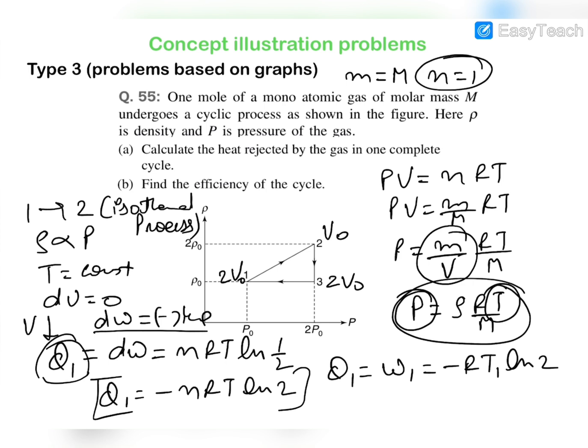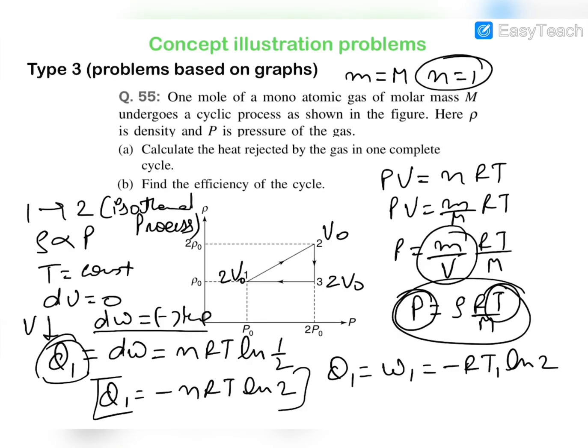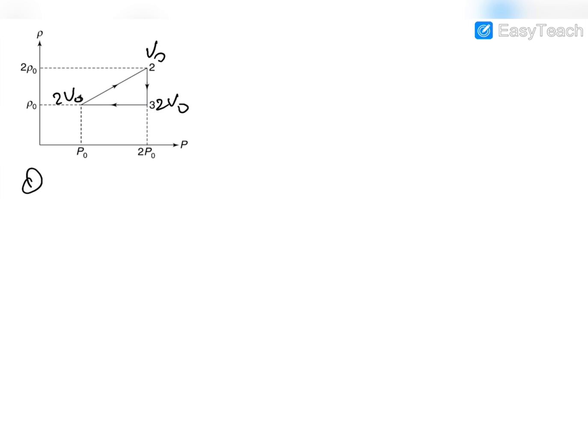Now on the next page, let us again write down the volumes: V naught, 2V naught, V naught, and again 2V naught. So the work done and the heat extracted in the first process is this one, minus RT1 ln 2.